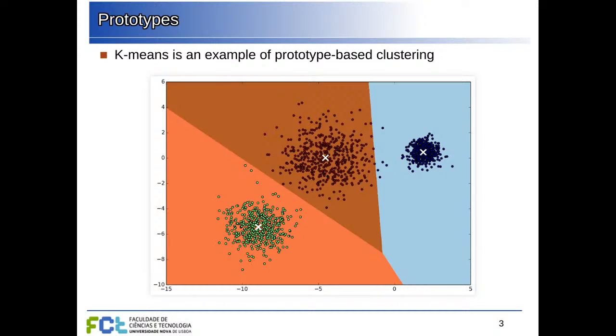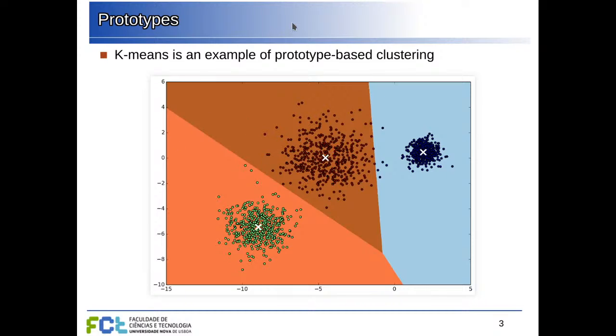So in this case, k-means, we have these centroids, the mean points for our clusters, and we assign points to those clusters that have the centroid closer to the point. So this results in a partition like this, where all points that would fall on this region would be closer to this centroid, so they would belong to the blue cluster. All the points here on this region would be closer to this centroid, so they would be in the red cluster, and so on.